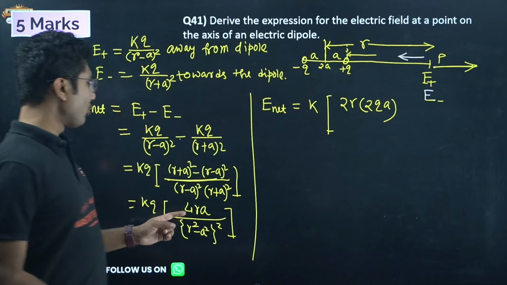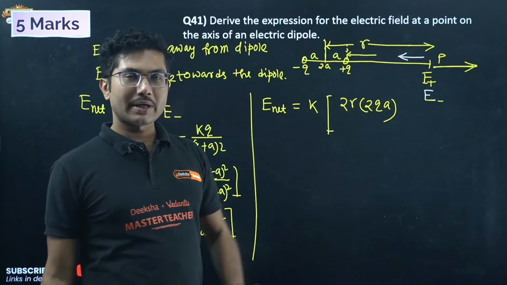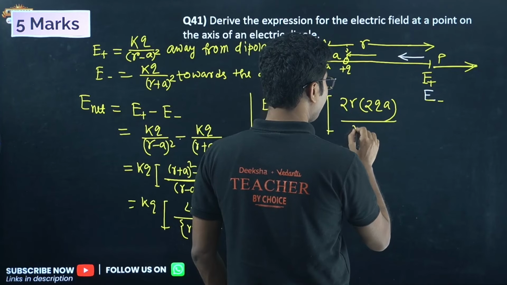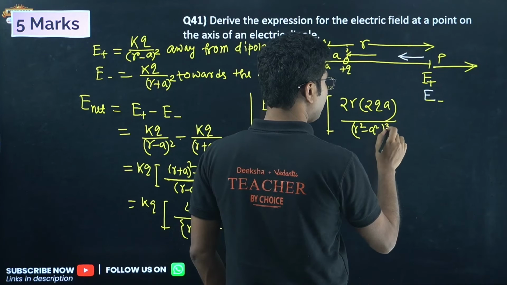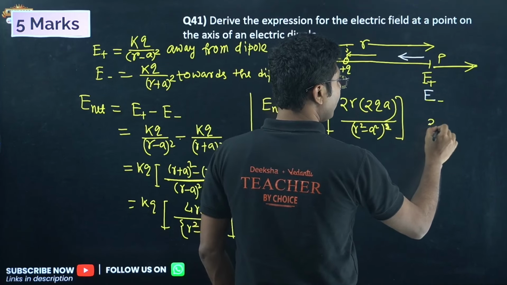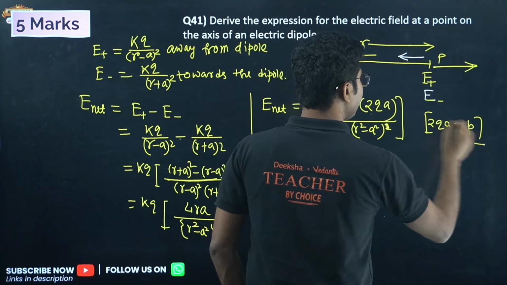So we have broken this 4 into 2 into 2. One 2 we have kept outside, one 2 we have kept inside. Why? Because 2Qa is a very well-known quantity for us, divided by (r squared minus a squared) whole squared. We know that 2Qa is the dipole moment, right?